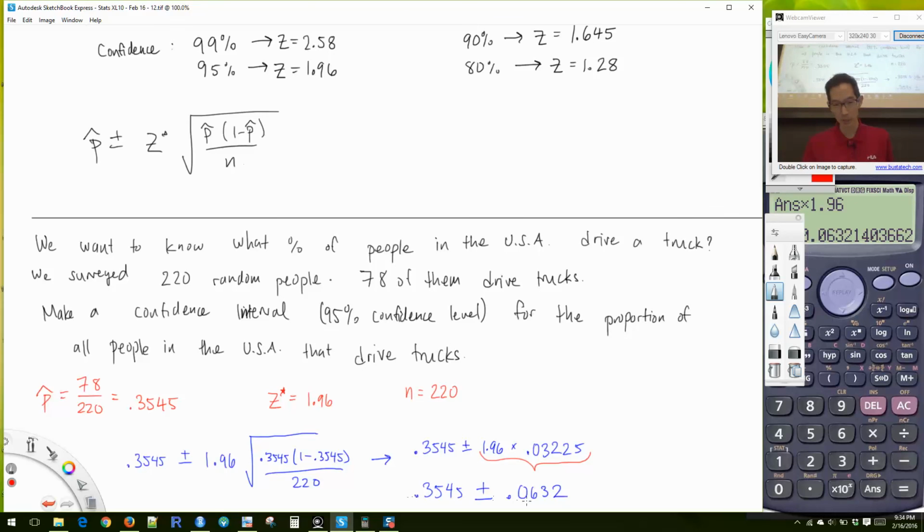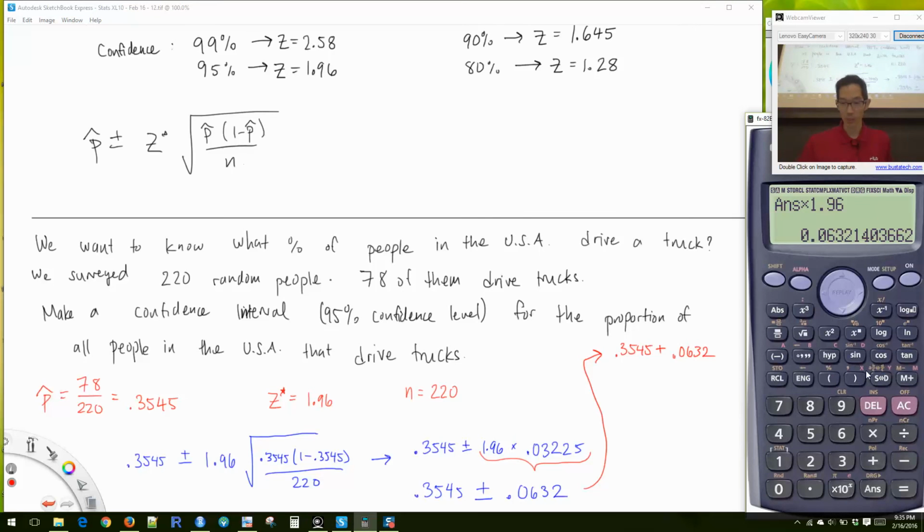Okay, so what I'm going to do is the plus operation first. So I'm going to do 0.3545 plus 0.0632. Basically, when I say what percentage of people drive trucks? About 35%, give or take 6%.